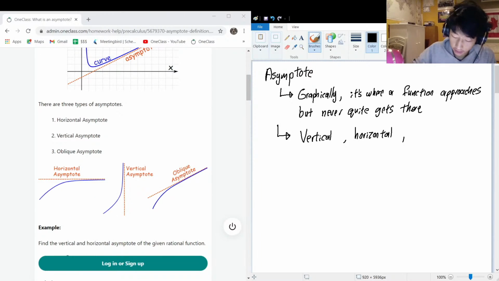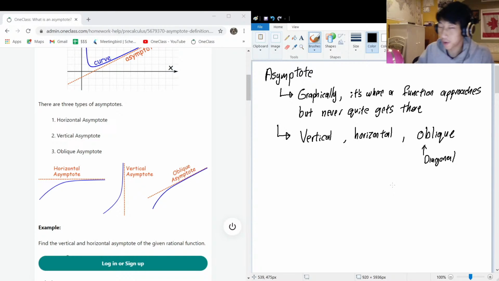Oblique asymptote. So these are diagonal. And of course vertical asymptotes and horizontal asymptotes are vertical and horizontal.